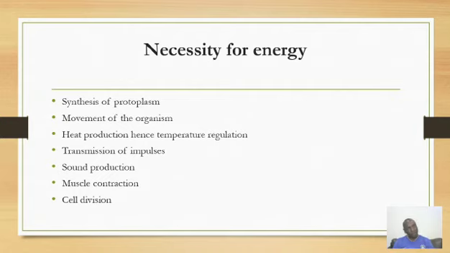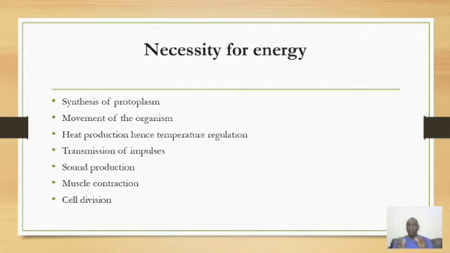So because protoplasm is manufactured in a cell, that process requires the use of energy. Secondly, energy is needed for movement of the organism. Organisms keep moving from one place to another for different reasons, like we shall see in the topic of locomotion.